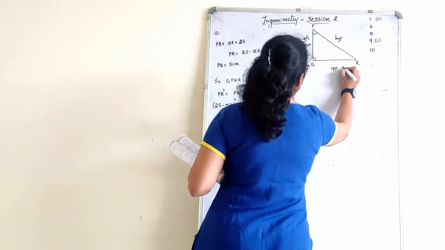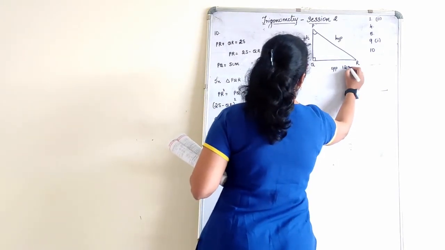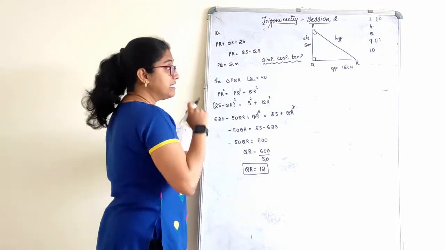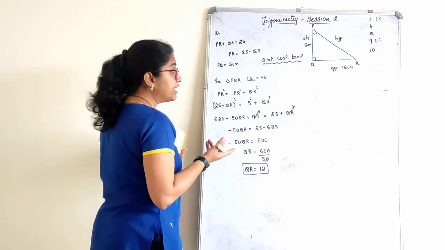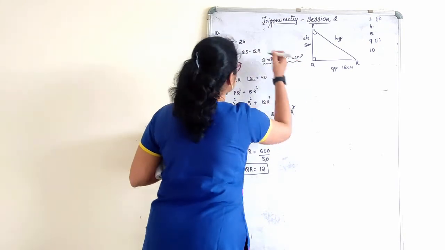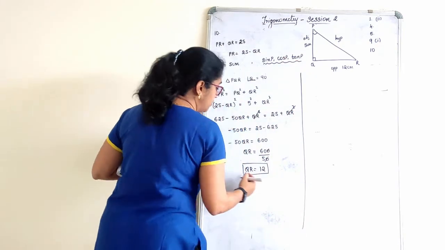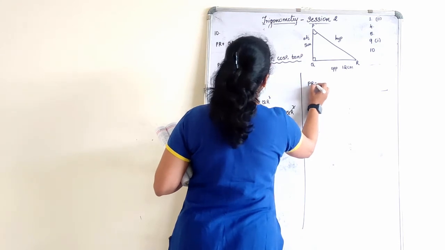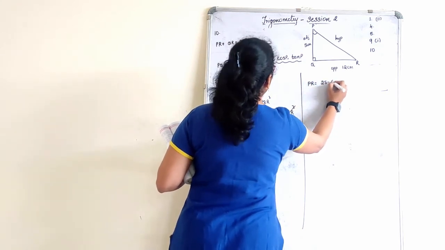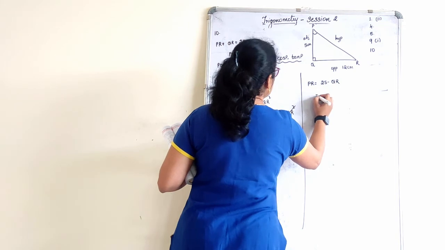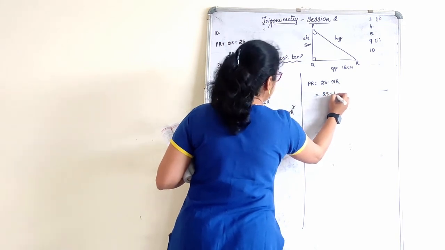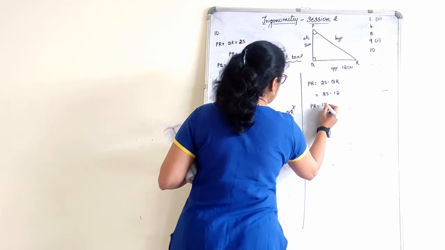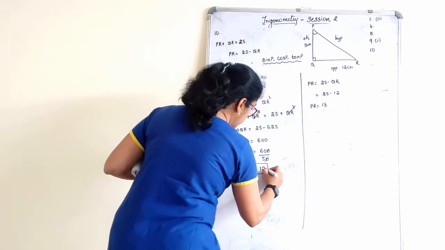This is 12. Can you tell me what should be PR? 5, 12, 13 are the Pythagorean triplet. We already know. But let's just substitute in this and get the value. Therefore, PR is equal to 25 minus QR. That is 25 minus 12 and PR is equal to 13 centimeter.